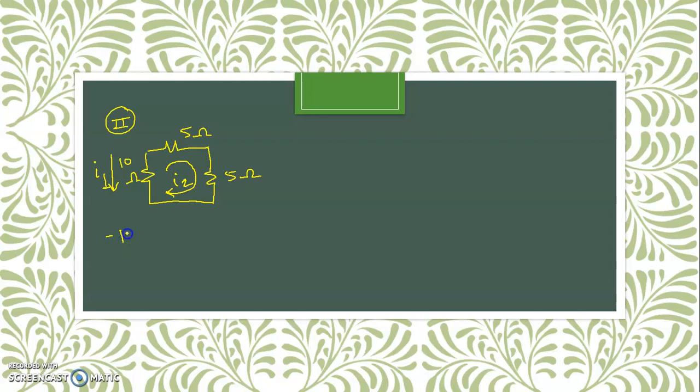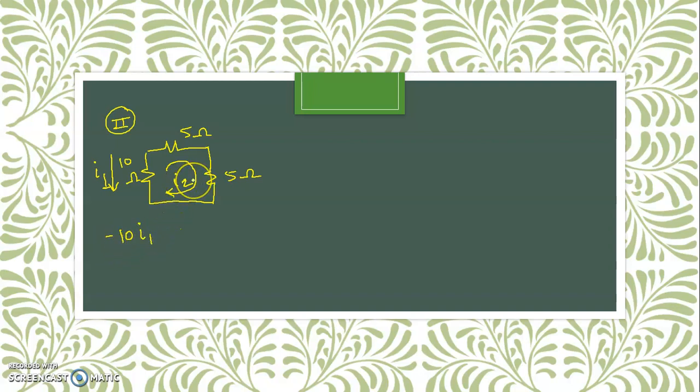The value of that resistance is 10 and the loop current is I1, because this 10 ohm has the effect of two loop currents, I1 as well as I2. We have to consider these two effects, but we have to write the expression for I2. So therefore the term is minus 10 I1.